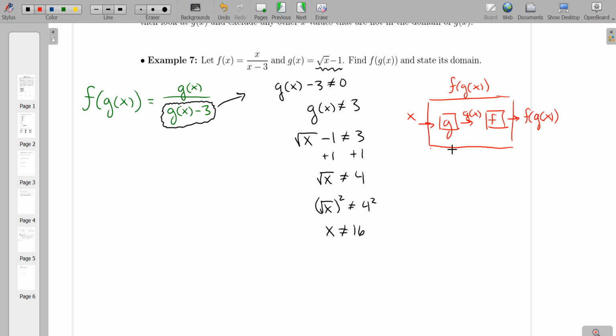So we also have to check g specifically. So when we look at that inner function, does this have the potential to either make me divide by 0 or take the square root of a negative? Of course, dividing by 0 is not a problem here, but I do see that x needs to be greater than or equal to 0. So we're checking the domain of the inner function.